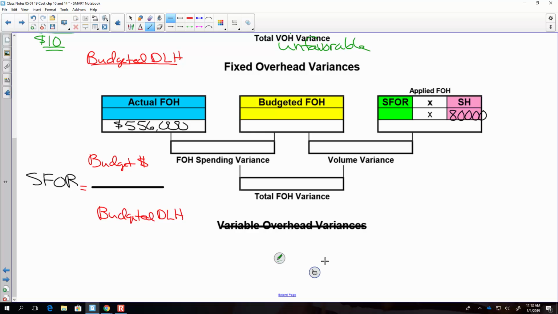SFOR? Yes, standard fixed overhead. Yep, $6. Okay. Awesome. It's 480, 480,000. Good.